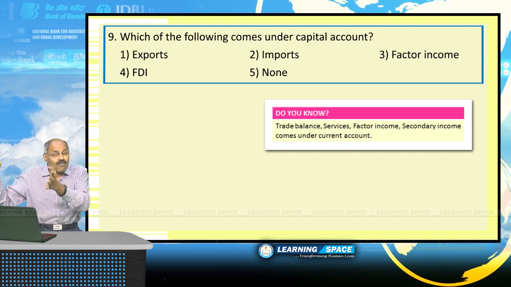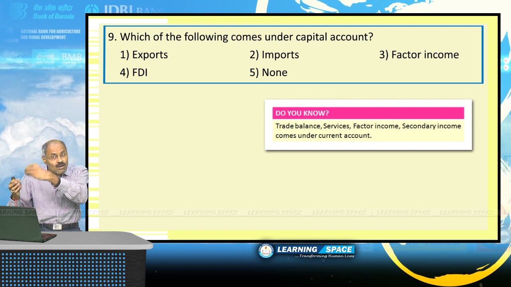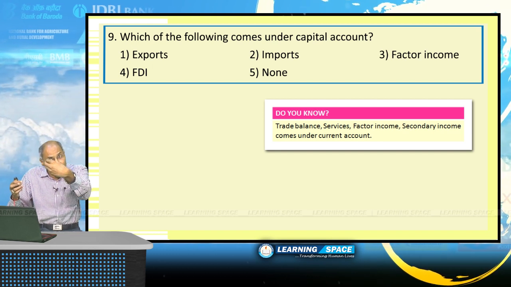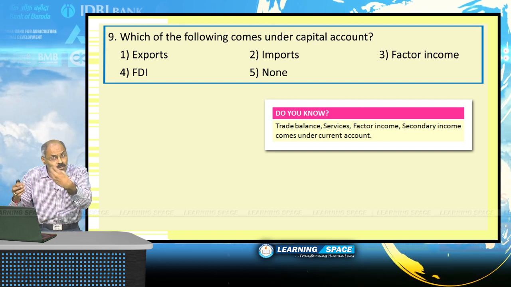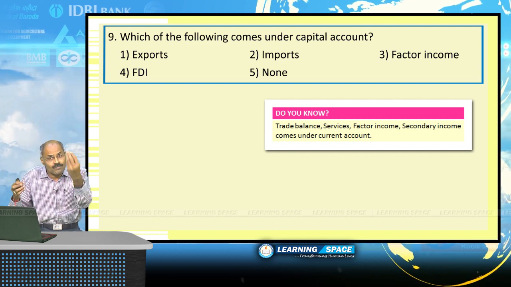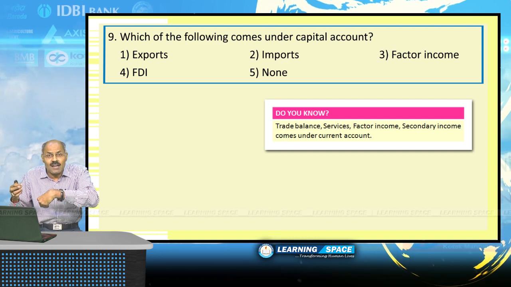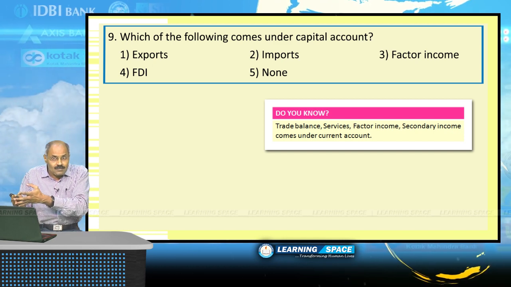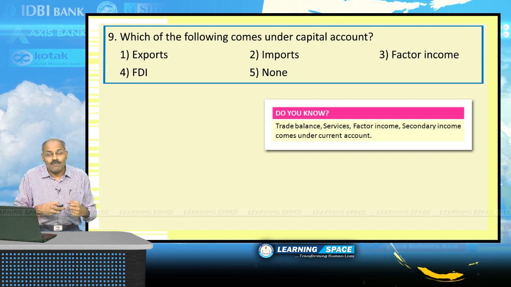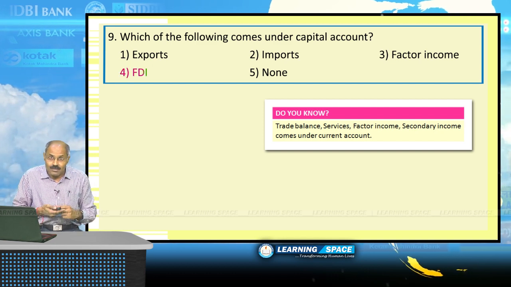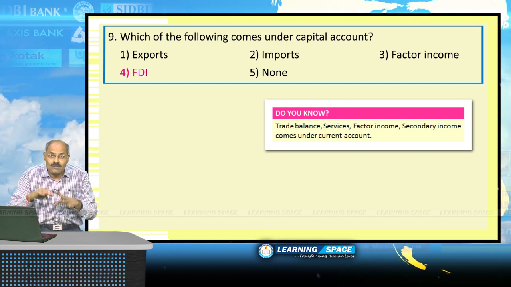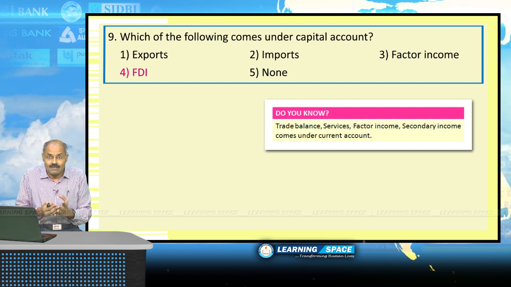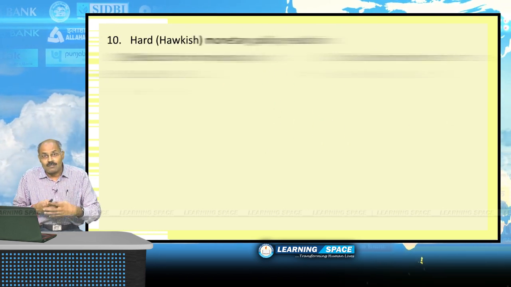Capital account is foreign portfolio investments in the stock market, foreign direct investment into the country, like Coca-Cola, Pepsi, Hyundai, Ford, the way they are investing in our country. So, this comes under capital account. Right? In the given question, FDI comes under capital account. The capital account basically pertains to acquisition of assets. Right friends? Look into the next one.